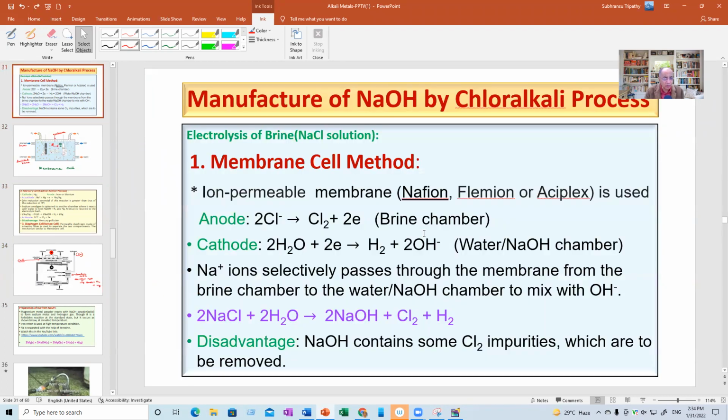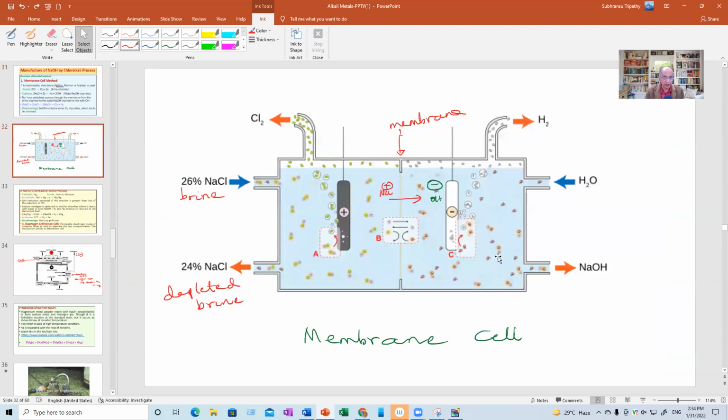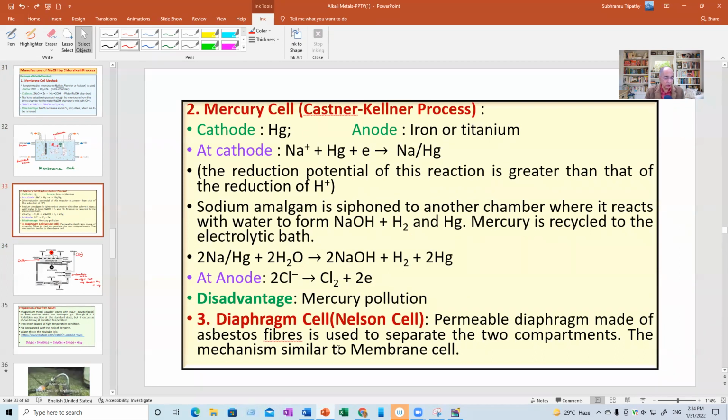Instead of a polymeric ion permeable membrane made up of very specialized polymers, the names I have given, Nafion, Flemion, Aciplex, which are very sophisticated and costly polymeric films, you take a separator made up of asbestos fiber to separate the two compartments, but the principle is the same.